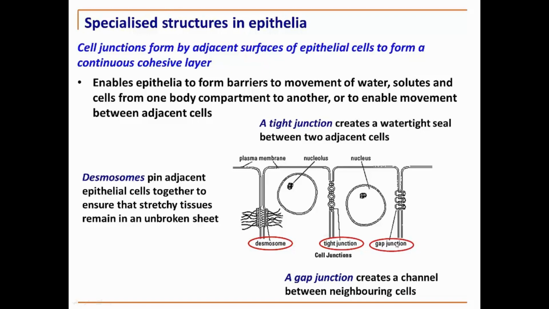Then you've got your gap junction, shown there, and that creates a channel between neighbouring cells. So this cell is now talking to this cell by the flow of molecules between the two of them along this gap junction.